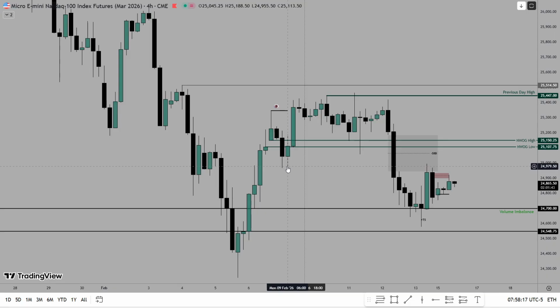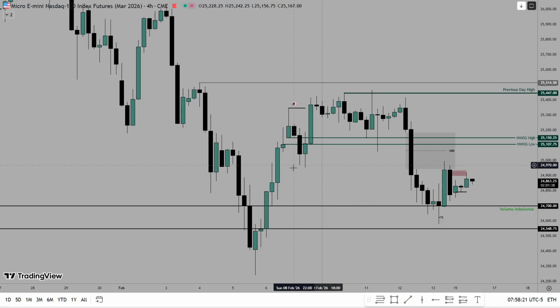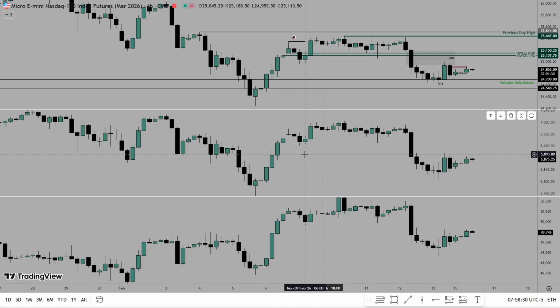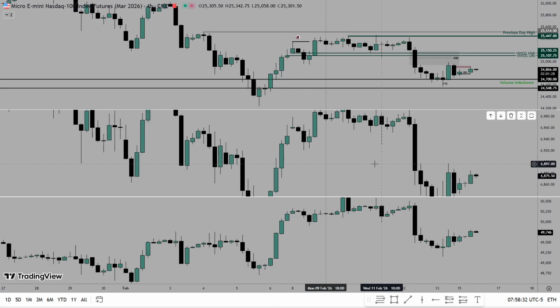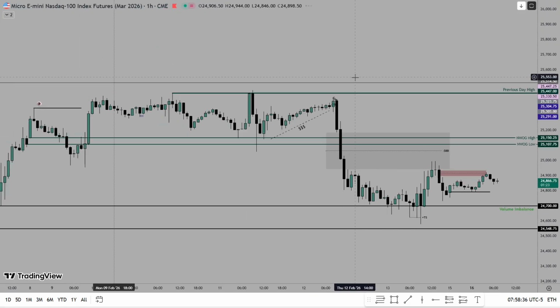So this is the liquidity sweep with SMT. This was formed at 9:30 after the US equity market open. This is the SMT and that is it. Now come to the hourly chart.